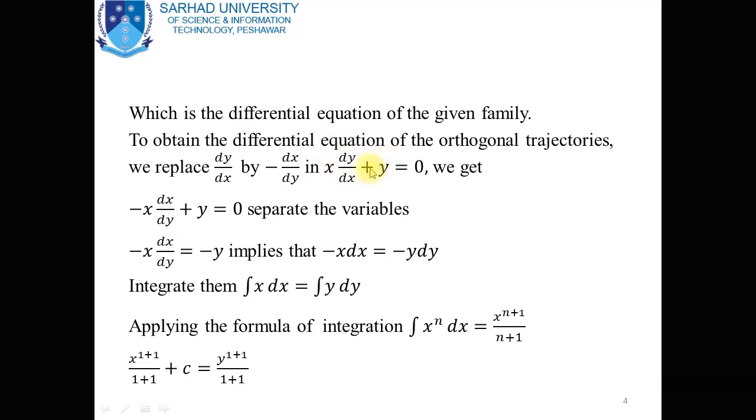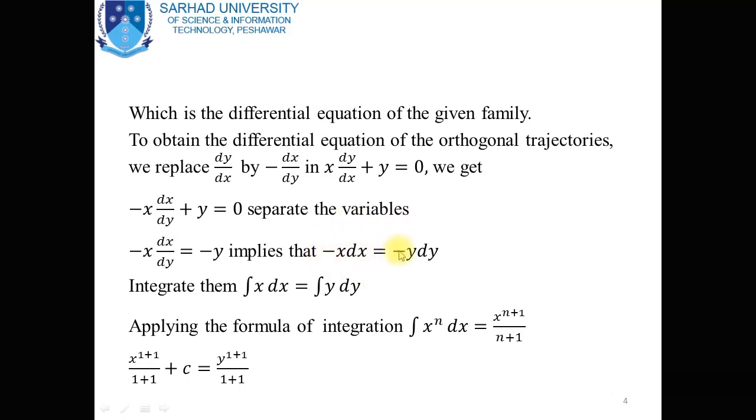In this equation we get minus x dx by dy plus y = 0. Now by separation of variables we get minus x dx by dy = minus y, and this implies that to separate the variables we obtain minus x dx = minus y dy.